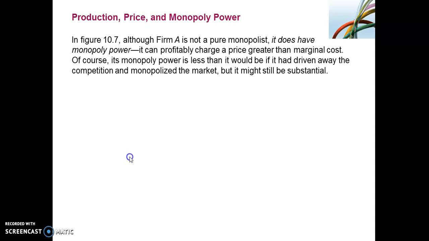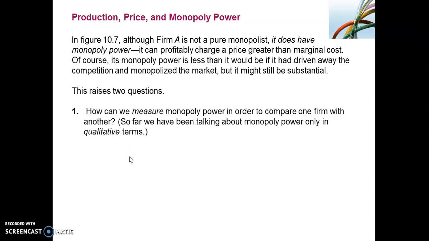So in figure 10.7, you saw that although firm A was not a pure monopolist, it did have some monopoly power. Remember, firm A was one of 4 firms, right? And it did have some monopoly power because it could have a price greater than marginal cost.